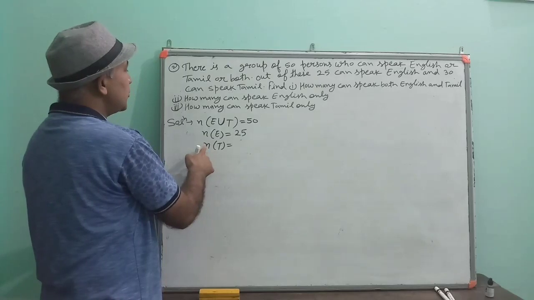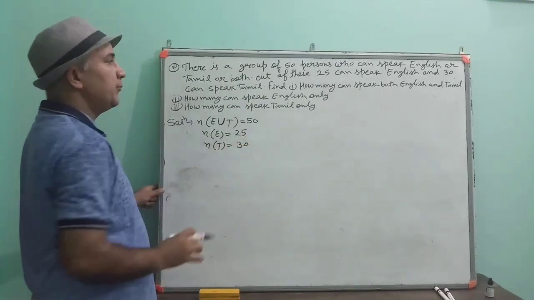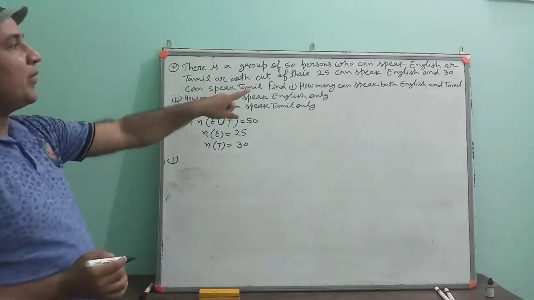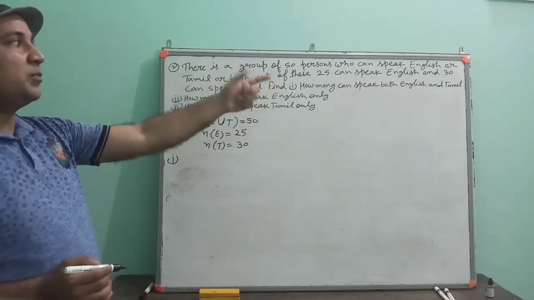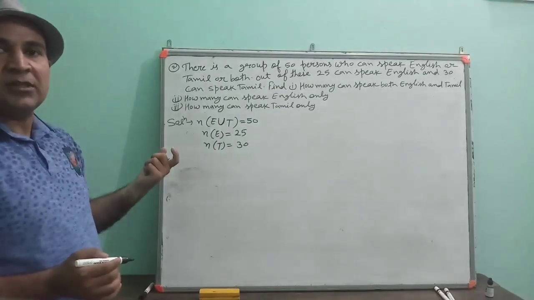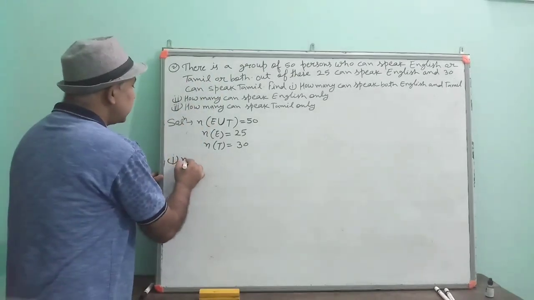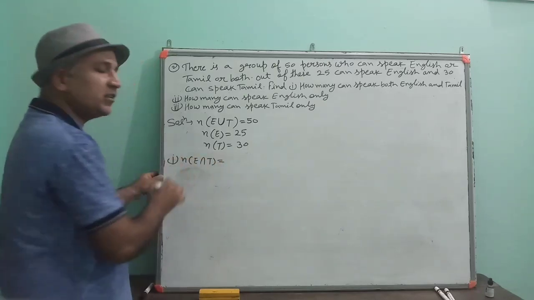The people using Tamil will be represented by n(T), and this is 30. In the first part, you have to find who can speak both, which means those common in English and Tamil. That will be represented by the intersection of English and Tamil.